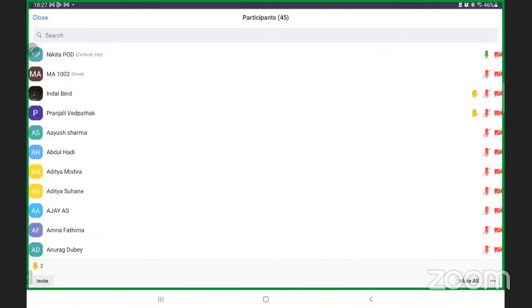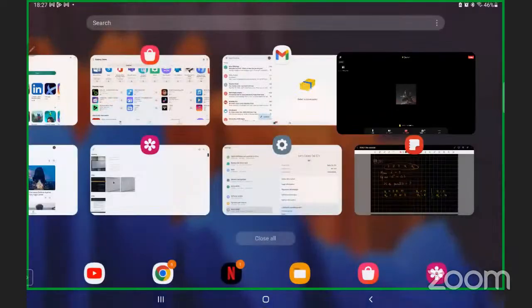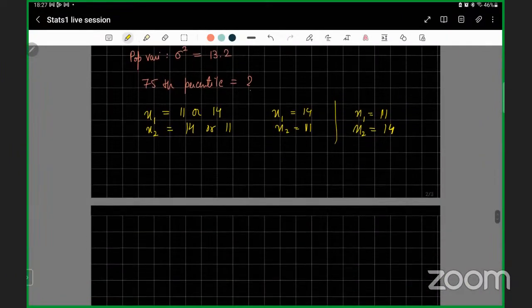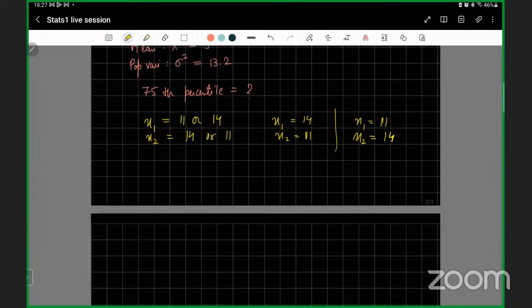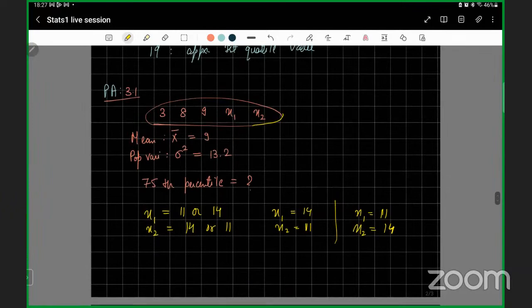Any other doubt? Somebody had a doubt from some previous question, 3.4, 3.2, something. Ma'am, can you please explain how to find out the value of x1 and x2? How to find the value in this case? Ma'am, I have some doubt in 3.1. Okay, I will come to 3.1.